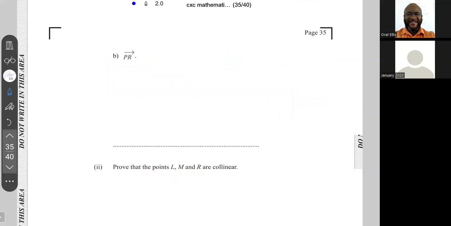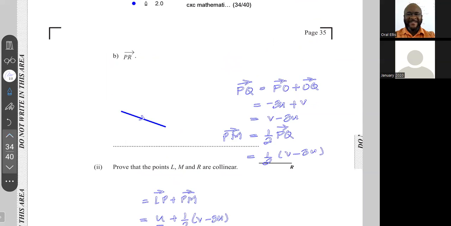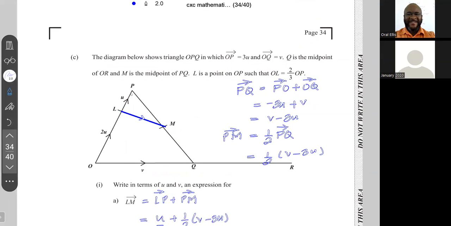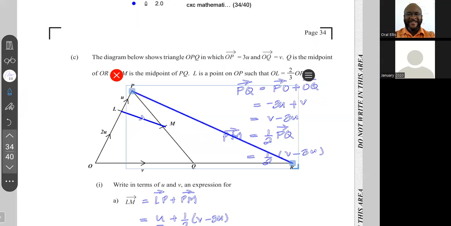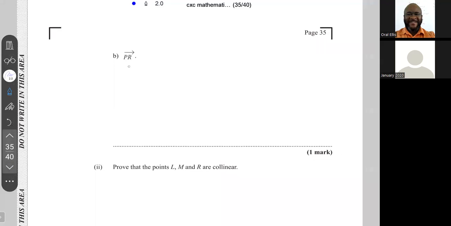Next, we need PR. We need PR, P all the way down to R. That's PR. We need that vector. All right, PR would be PO plus OR. It's not hard. This is PO plus OR, triangular vectors.